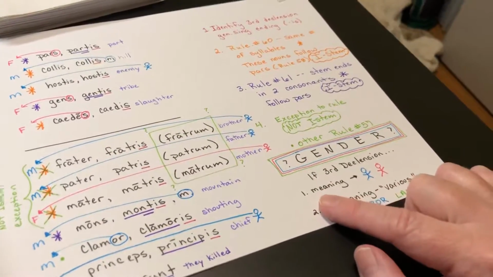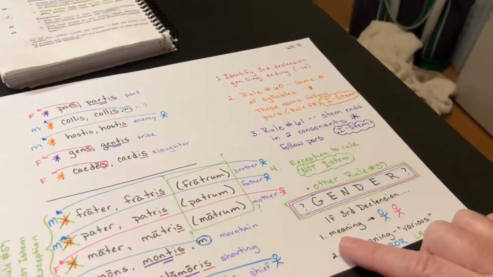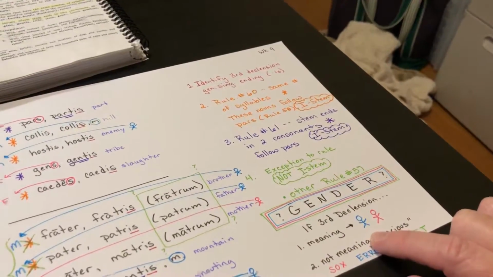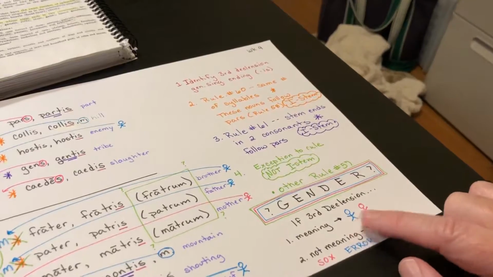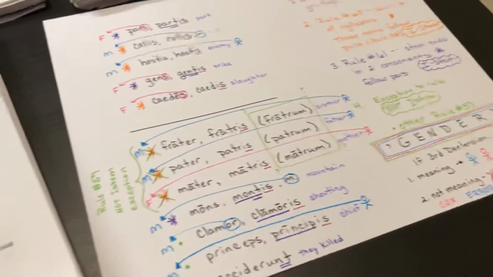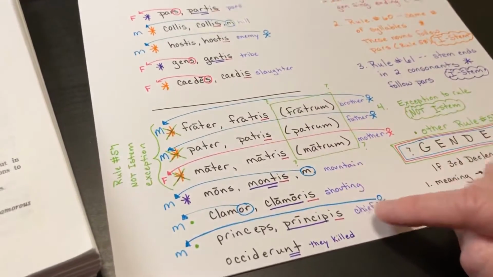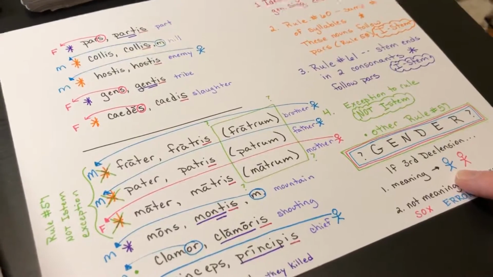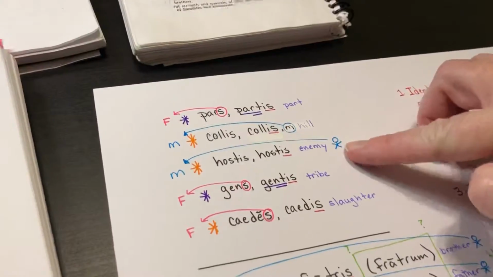First and foremost, if you're in third declension, first you go to the meaning. So you really have to know the meaning of the words, because if the noun is referring to a man person or a woman person, it's automatically masculine or feminine. So we went through and we have all of the meanings right here. I did those in this light purple color. And if it's a person, we found all the ones that referred to people, like this one right here.